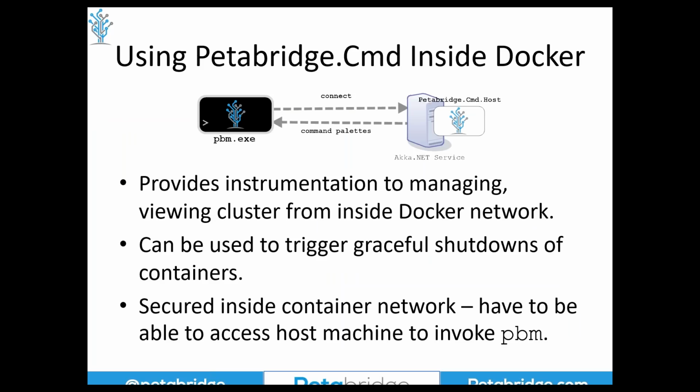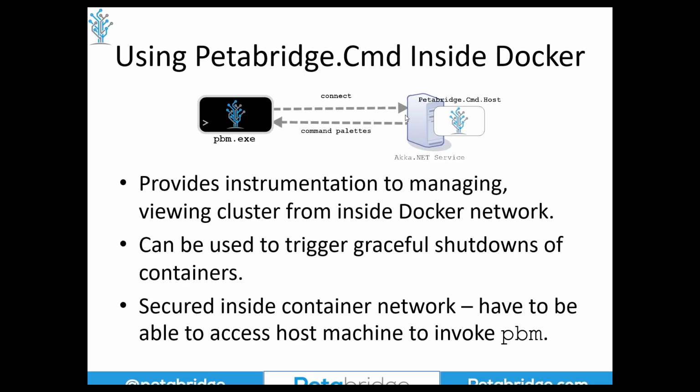One thing I want to mention real quick, if you're not using Petabridge.Cmd, just to give you a bit of an overview: Petabridge.Cmd consists of two different parts. There's a Petabridge.Cmd host that gets installed as a NuGet package and runs inside your cluster nodes, and then there's the Petabridge.Cmd command line client. These talk to each other over a TCP connection.